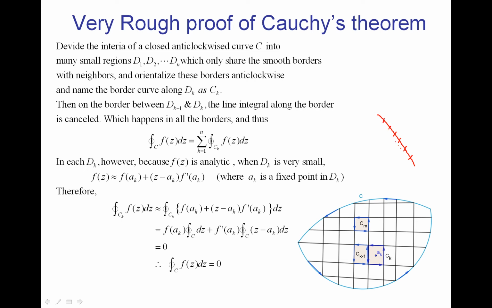But instead of dividing the path, we divide the area inside C into very tiny areas, and we prove the integration along the edges is near 0. So the basic idea of the proof is very similar, but it takes time to explain this.